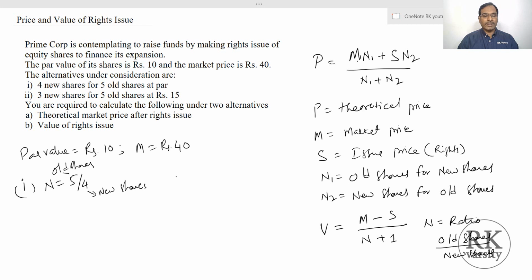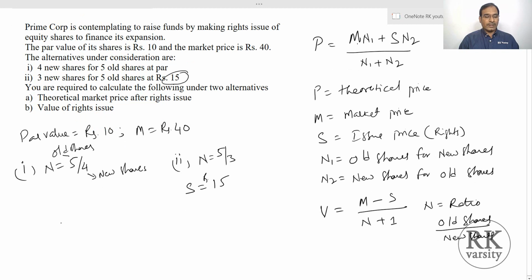In alternative 2, it is contemplating 3 new shares for 5 old shares, that is N equals 5 by 3, where old shares are 5, new shares are 3, and the price is S equals 15. Now you need to calculate the theoretical market price after rights issue and the value of a rights issue.